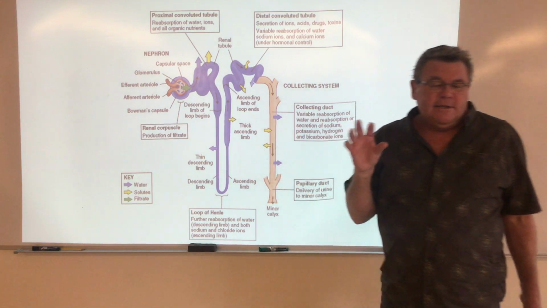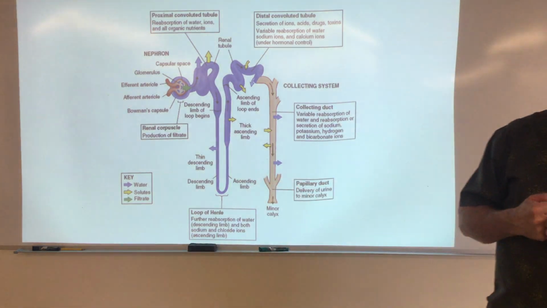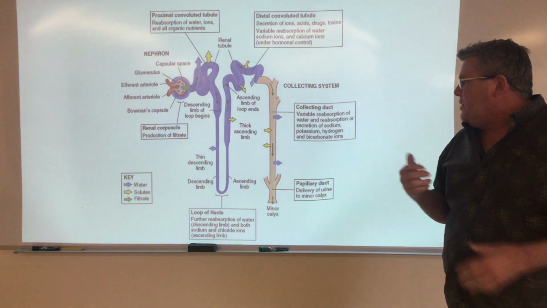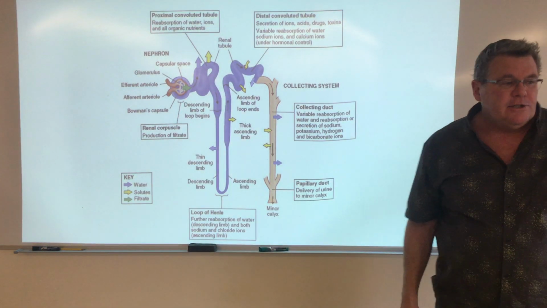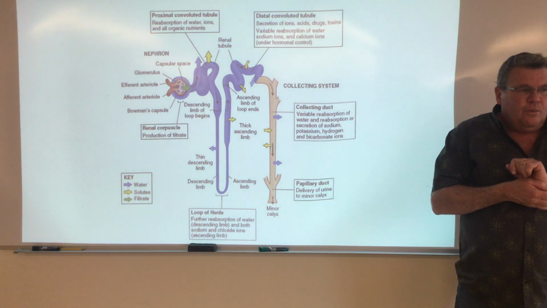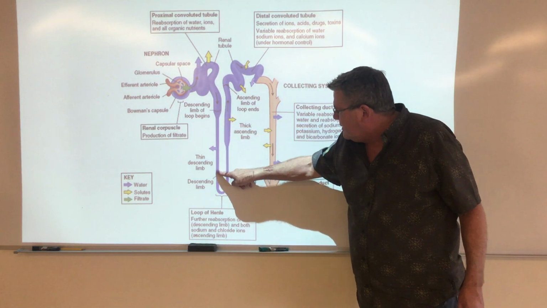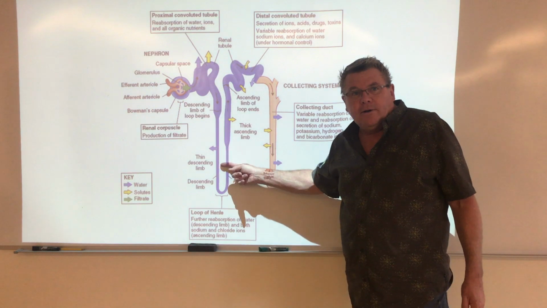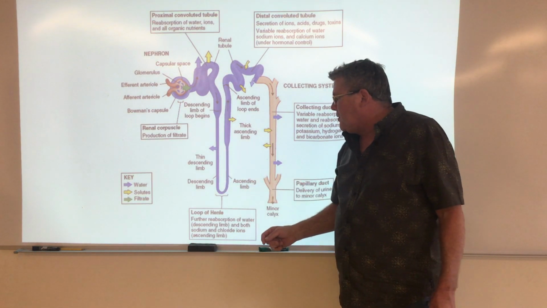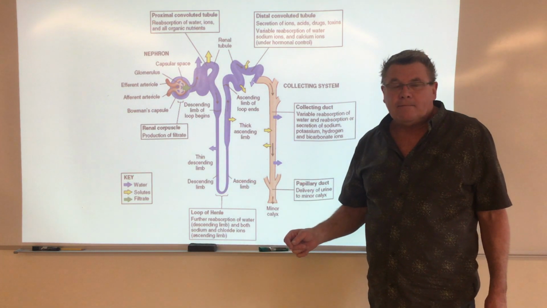Now I said I want to focus a little bit, I want to mention sodium. Sodium is going to be one of the big wastes that we find in urine. What happens is sodium is stuck in here, and as we go down and the water goes out, the sodium becomes more and more concentrated.